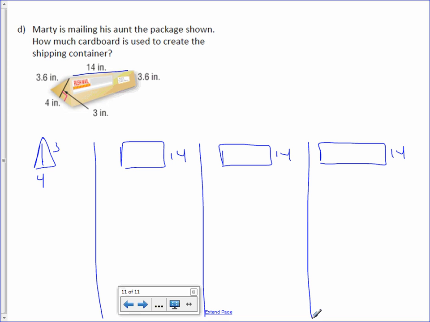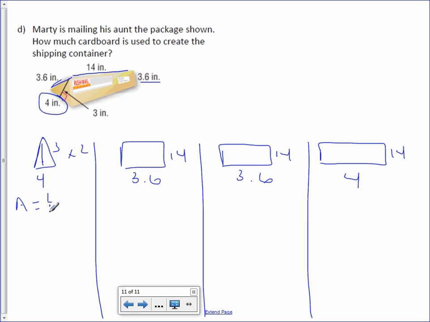Our rectangles, we have a dimension of 3.6. We have another dimension of 3.6. And we have a dimension of 4. Starting with the triangles. Oh, and there are two triangles.